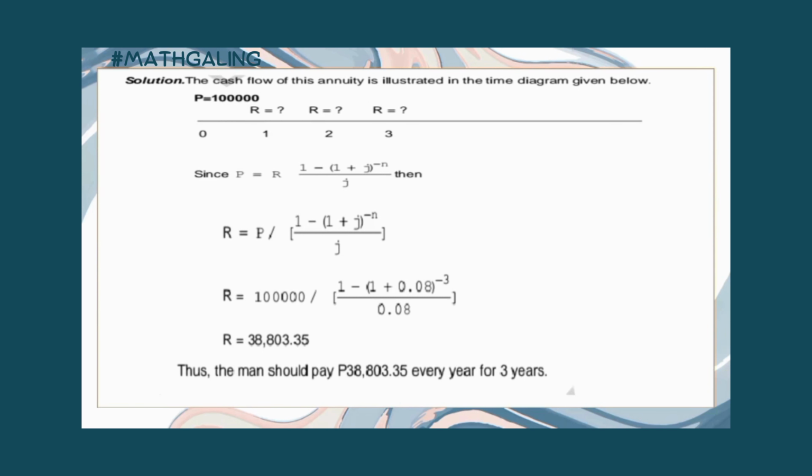So since P is equal to 100,000, regular payment equals present value over the quantity 1 minus the quantity 1 plus the interest rate per period raised to negative n, all over I. So let's substitute the given into the formula.